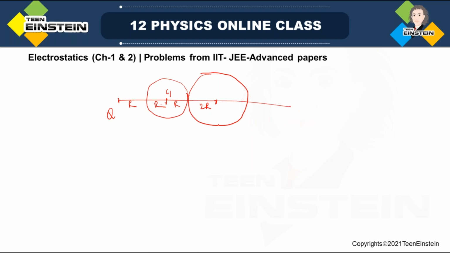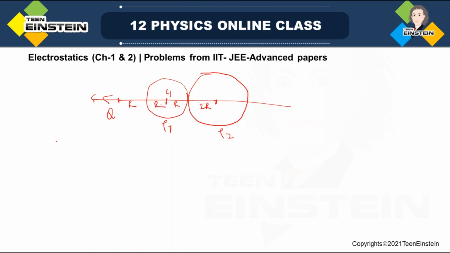So see, from the sphere to the charge, the electric field lines at this point due to both of them will be in this way. So they will actually be additive.